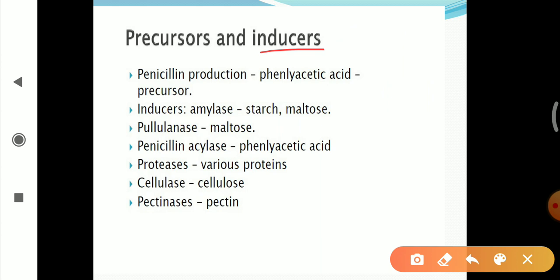For example, if starch is used as an inducer, then the amylase enzyme will be synthesized, and the product will be amylase. If the inducer is maltose, then the product is pullulanase.